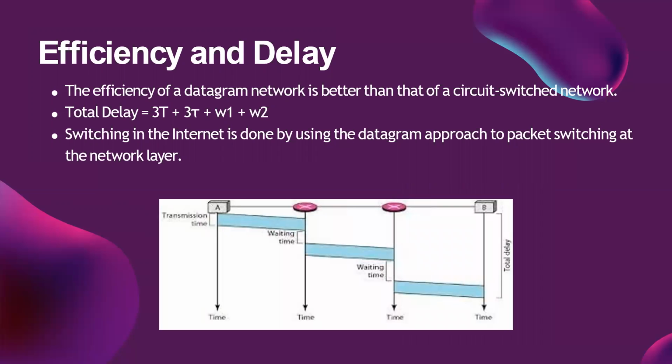We can see the figure of the delay: first the transmission time at A, then waiting time, and then the time at B. So the total delay is measured. Switching in the internet is done by using the datagram approach to packet switching at the network layer.